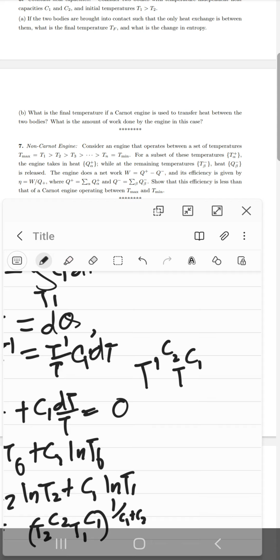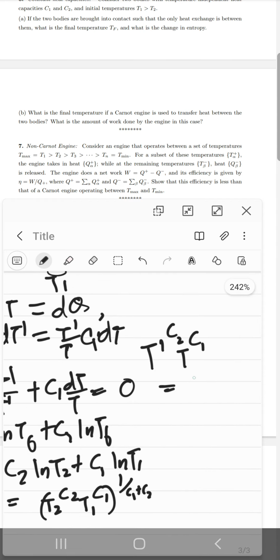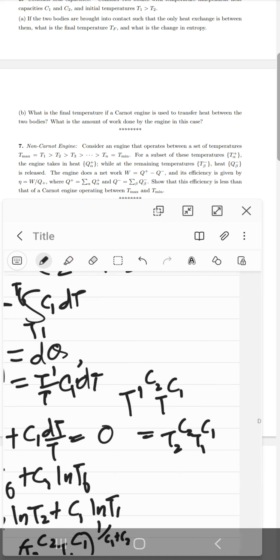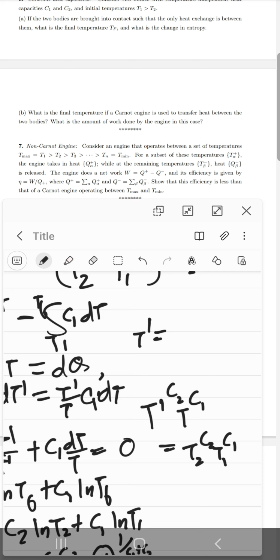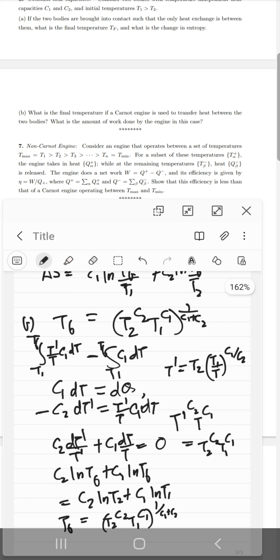That's a constant, sort of, so we can set it to be equal to T2 power C2 and T1 power C1, right? And in that way we have T dash is just equal to T2 times T1 upon T to the power of C1 upon C2. That's one good thing.